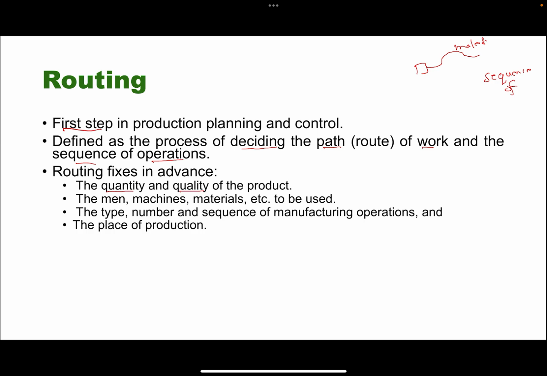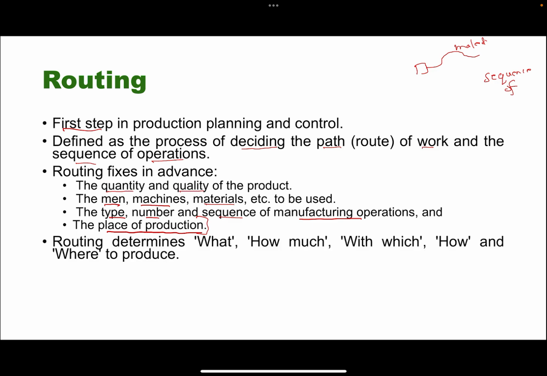Based upon this only, it will fix the sequence of operations, etc. And also it will allocate the manpower, machines, and materials to be used in the routing operation. It will also fix the type, number, and sequence of manufacturing operations, and also the place of production. So these are the important jobs done in routing.